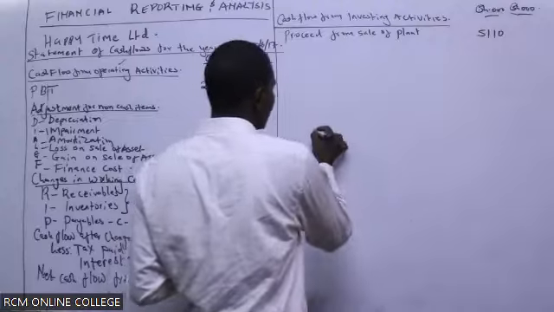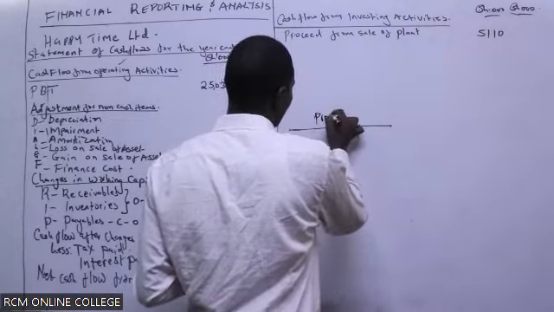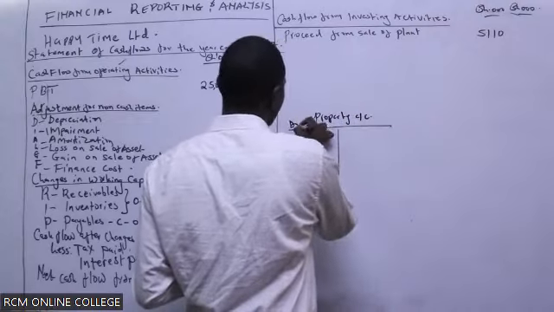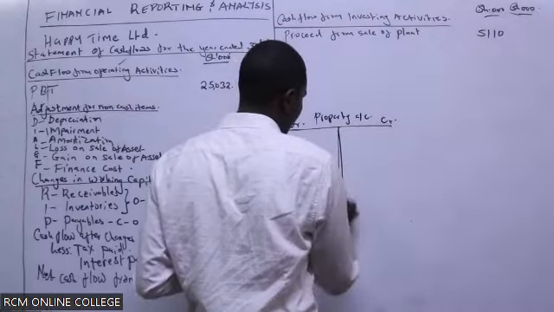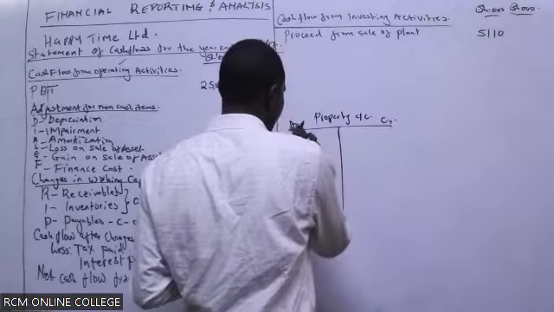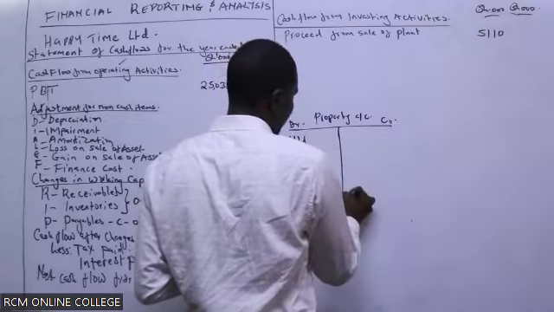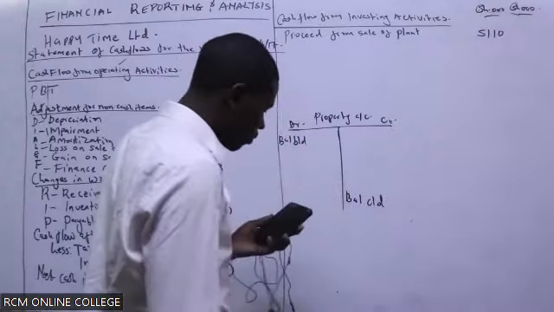A property account. So this debit, this credit. This property is an asset. It has a debit balance. So balance brought down, balance carried down. Yani ukishaandika hivyo, umeng'oa nanga.